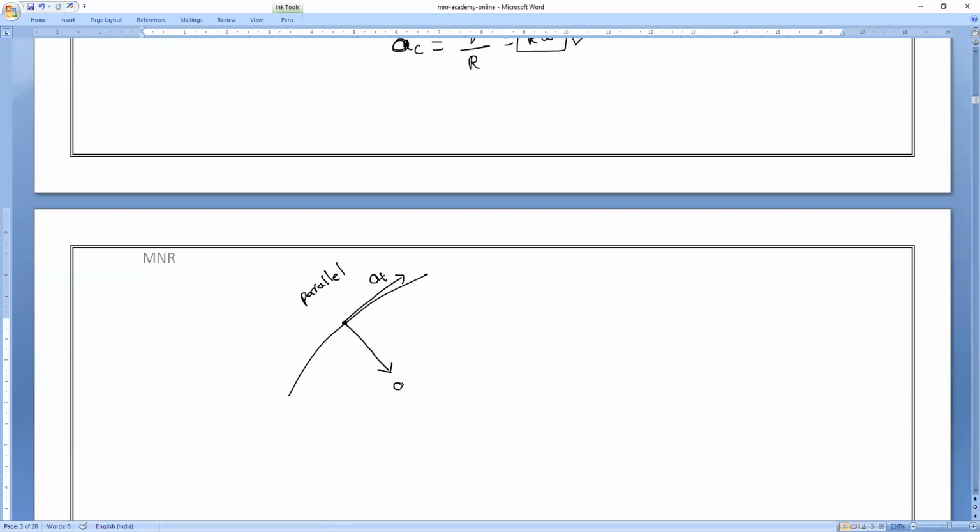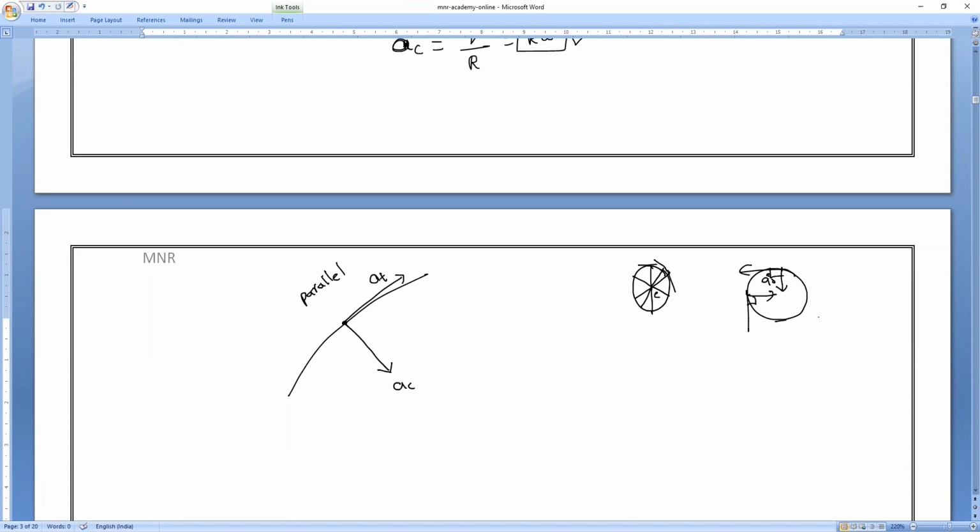Any line passing through the center of curvature, as you studied in physics, what is the angle between the tangent at every point and the circular path? What is the angle between them, everywhere?